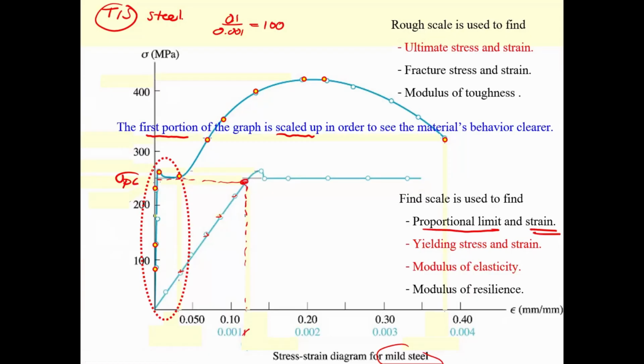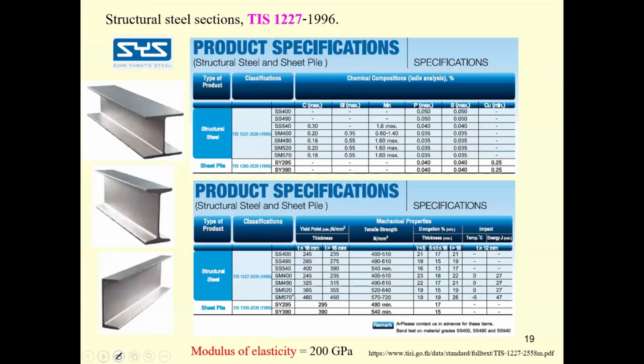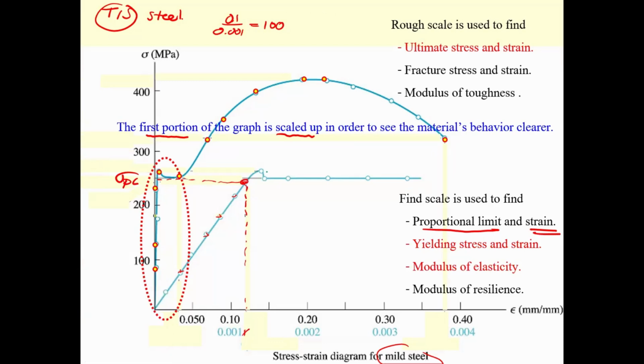Okay. Then when you take this to the end of the linear elastic, it will be a bit curved and reach the point over here. That's what is called sigma sub y upper. And this is not the real yielding stress. After this one, the curve will drop.